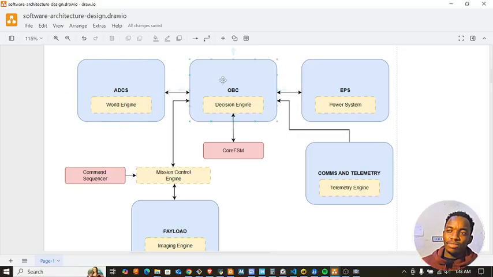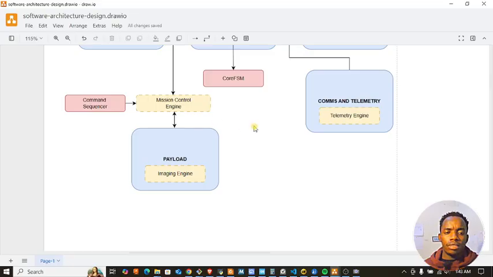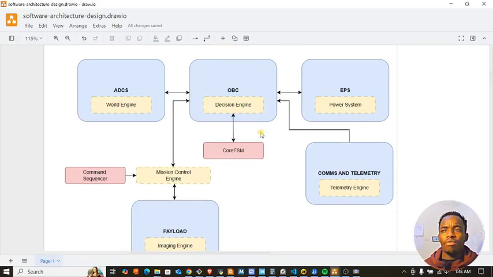These things have been done before by other people, so you can get ideas from what others have done and not reinvent the wheel, but also implement it your own way. So that is the high level overview of the flight software design structure.